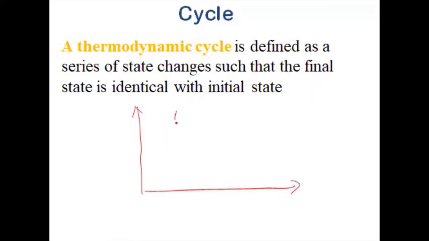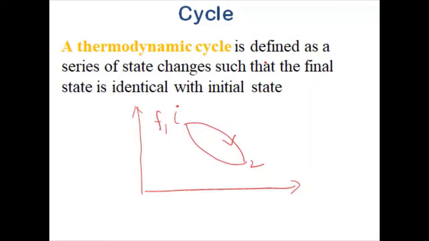Let's say the initial state is described by I, with properties Pi, Vi, Ti, and it goes from I to 2. Again, it comes from 2 back to the final state, which is I. So I and F are the initial and final states.